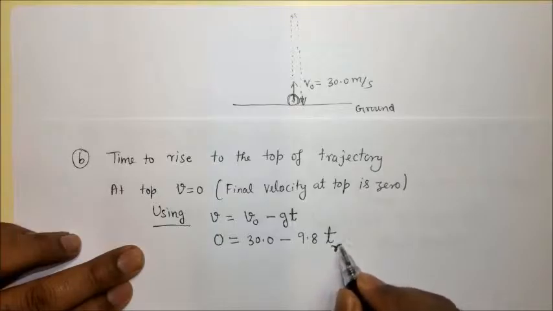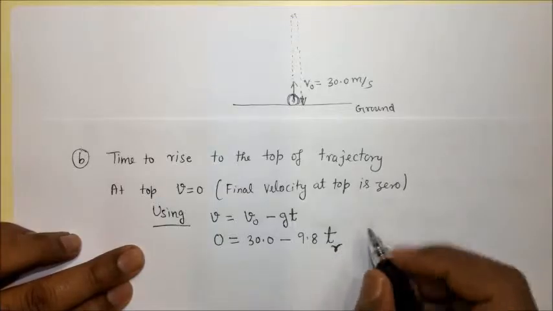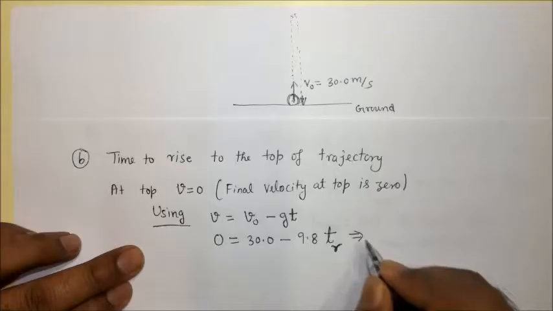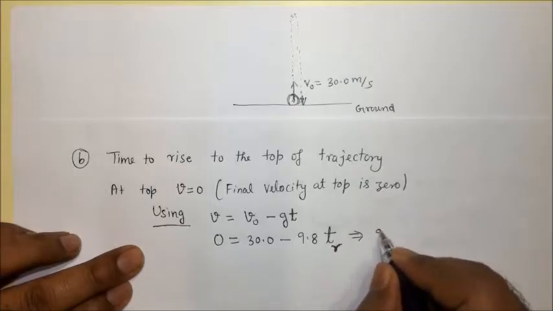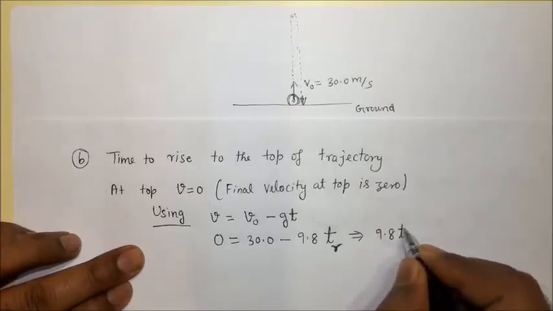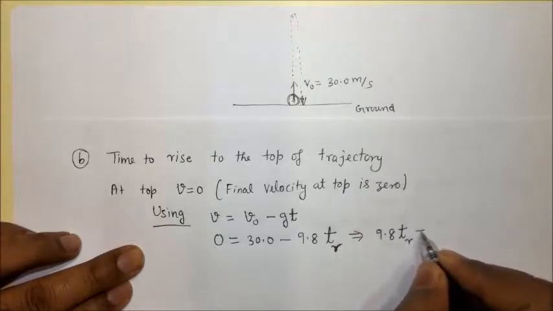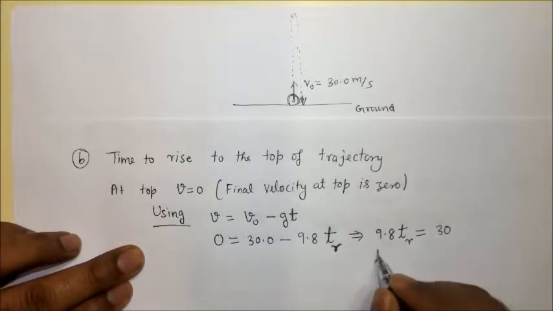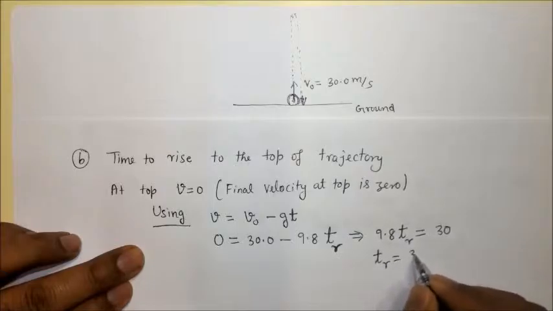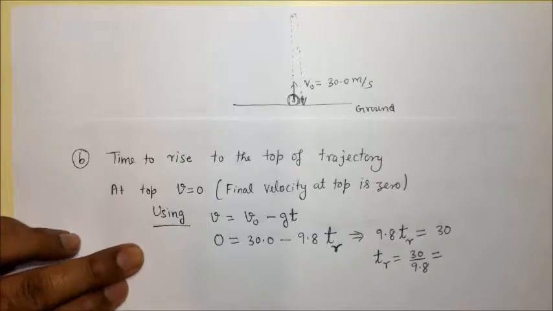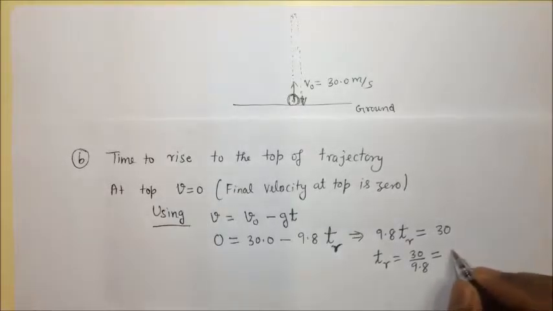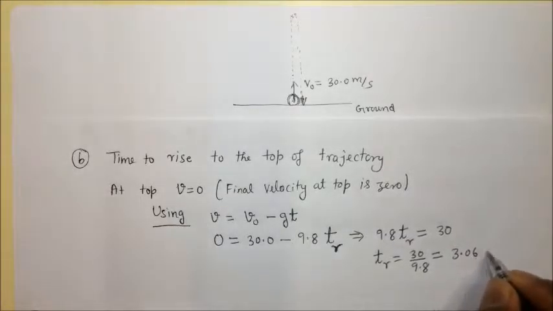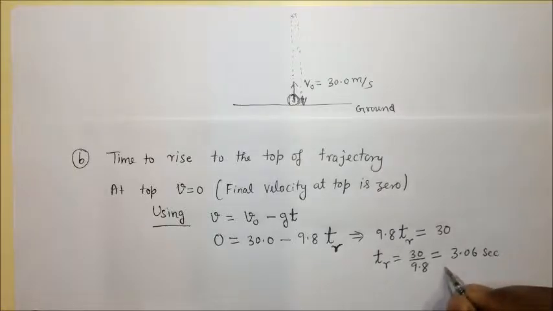T suffix r means rise time. So 9.8 t suffix r is equal to 30. So t suffix r is equal to 30 over 9.8. That gives you 3.06 second.